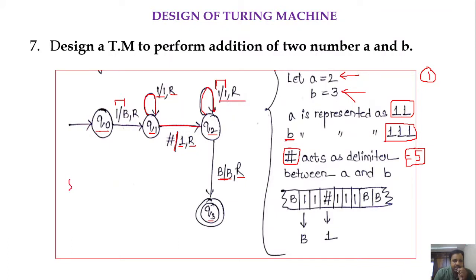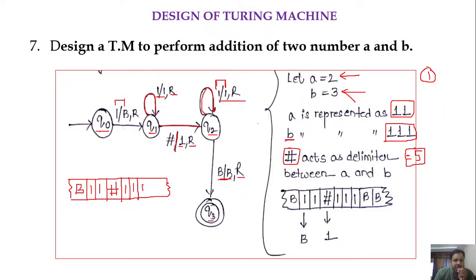So let me consider the input tape we are having blank. So here I am taking a value as 2 and b value as 2. So a part we are representing with two ones, then delimiter, then second input that is representing with two ones.